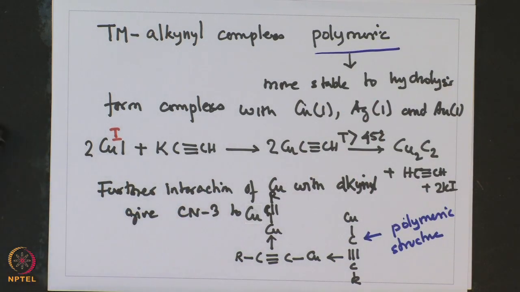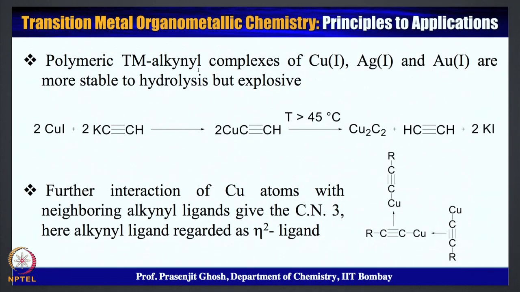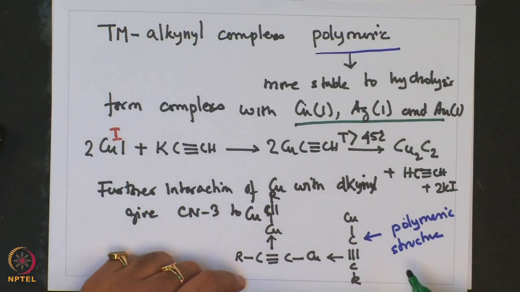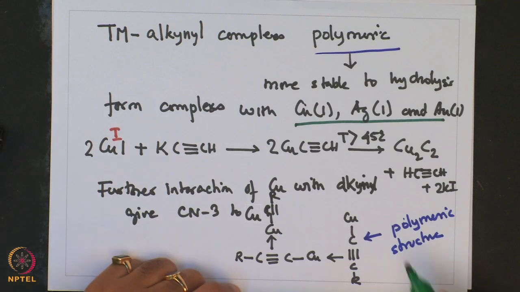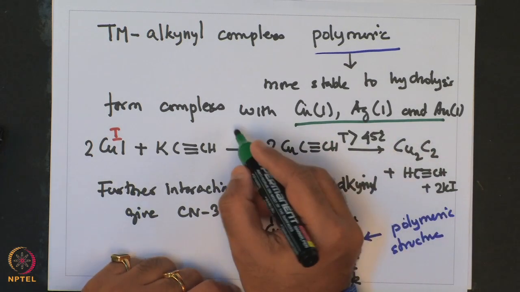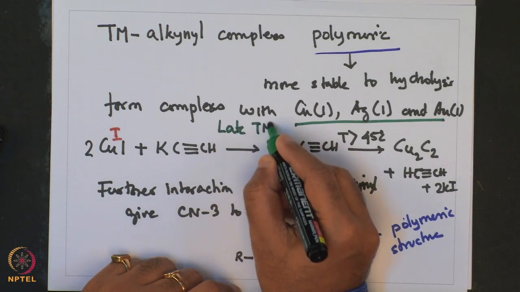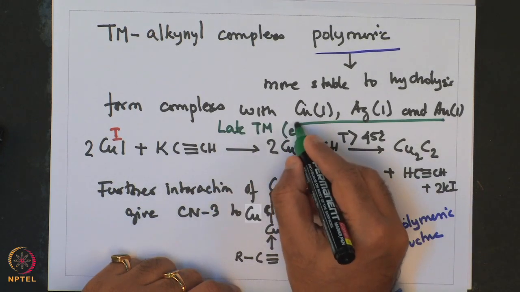And another important aspect to note is that these acetylide complexes are mainly formed of gold 1, copper 1, silver 1, which are late transition metals and also are electron rich.